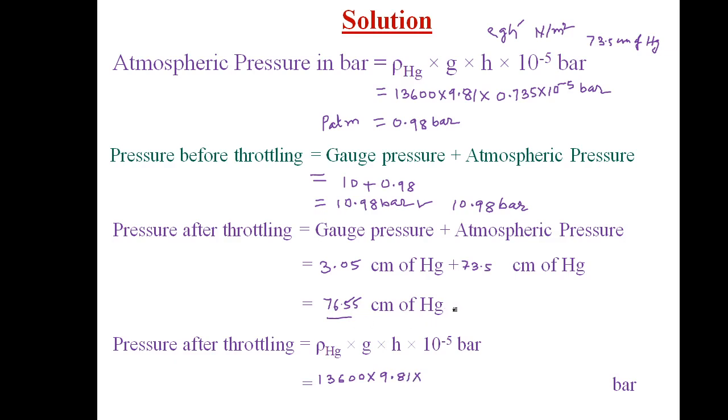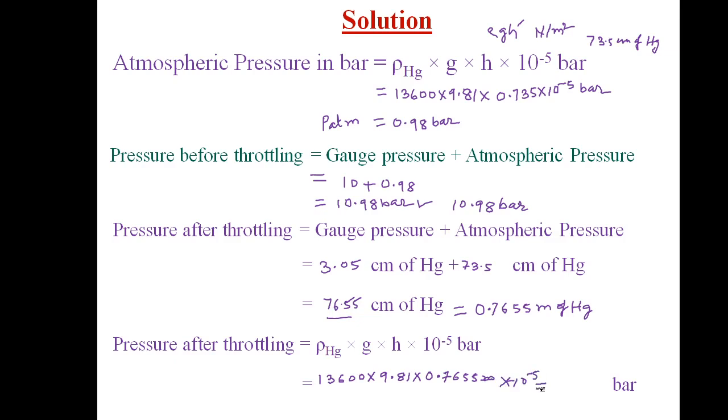Here this is in centimeters; if we convert it into meters, it will be 0.7655 meters of Hg, into 10 to the power of minus 5.